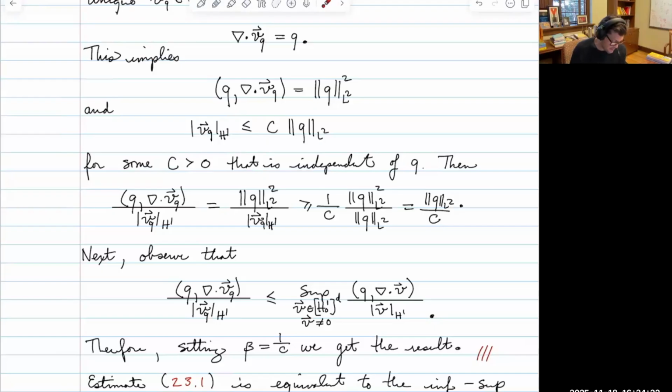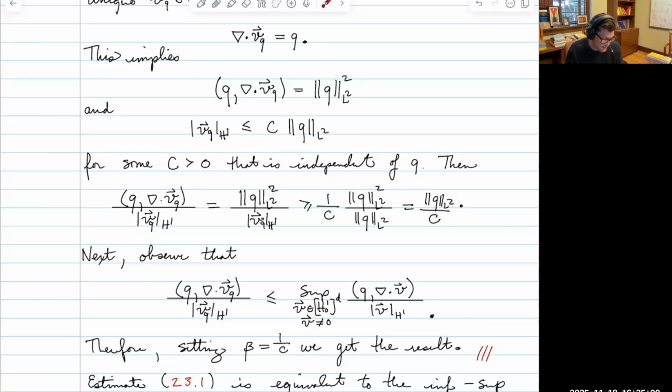All right, so now let's write this on the top and this on the bottom. We'll make the quotient involving Q, which is arbitrary, and V_Q, which is the thing that we chose to satisfy this equation. We can always find such a V to satisfy this. We showed that the top is equal to the L2 norm of Q squared. On the bottom, we still have the H1 seminorm of V_Q.